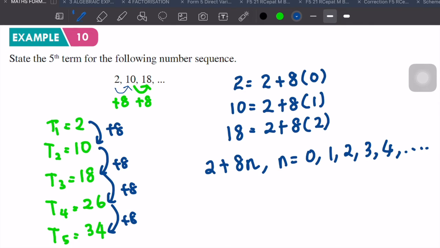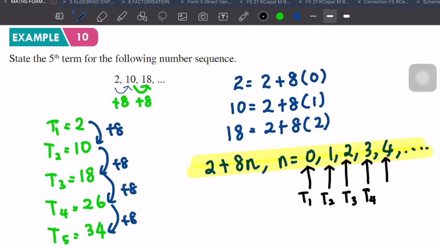From this algebraic expression, I know that if n equals 0, this is the first term. If n equals 1, this is the second term. If n equals 2, this is the third term. When n equals 3, this is the fourth term.